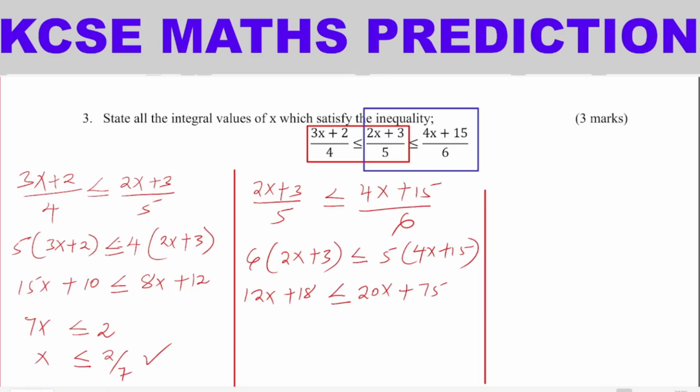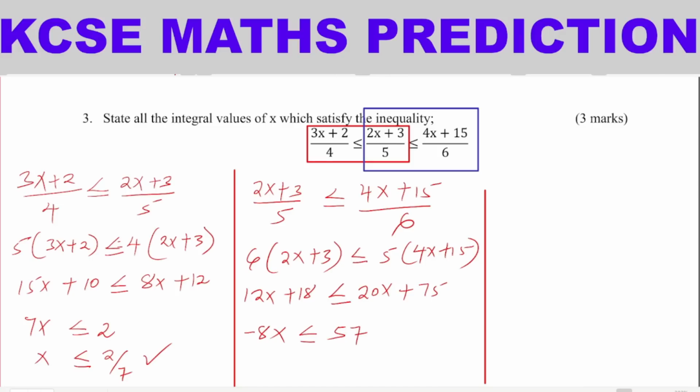Then from there, like terms together, 20x, take it to the left hand side, you get 12x minus 20x, that will give negative 8x less than or equal to. Take positive 18 to the right hand side, so you get 75 minus 18, that will give 57.